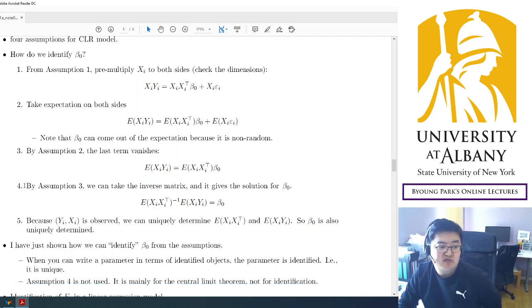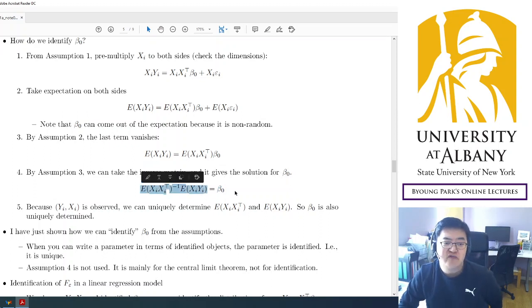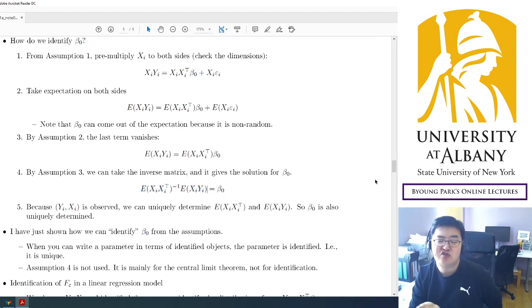And by assumption 3, you can take the inverse of this matrix. So this matrix has a well-defined inverse. So you can multiply the inverse matrix on both sides so that on the right-hand side, only beta is isolated. So this is the unique solution for beta 0. So I've already shown that this is unique.